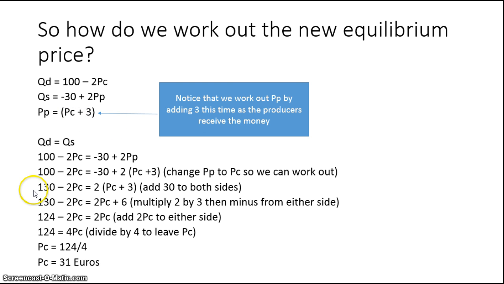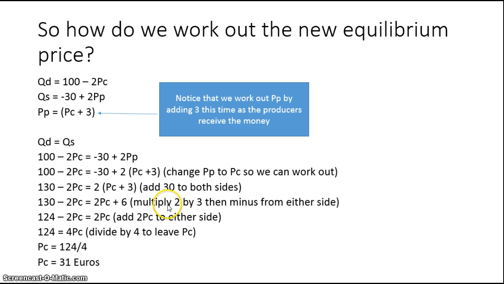Okay, so if we quickly look down here, it's exactly the same as we did last time, apart from this plus sign here, which changes it a little bit. So we need to change the PP to the PC plus 3, like we've got up there. So we've got PC on each side, so we can work it out for PC. Then we add the 30 to each side, so we get rid of the -30 and we've got 130 there now.